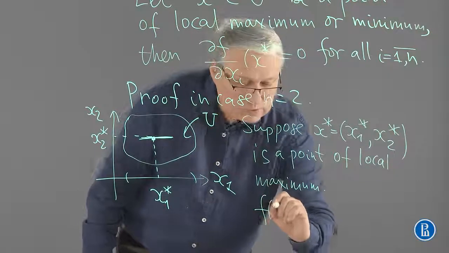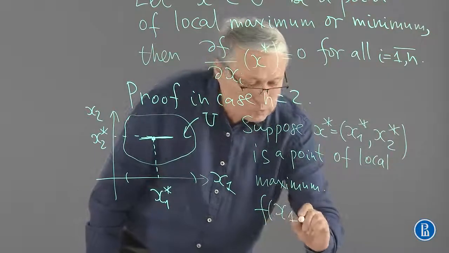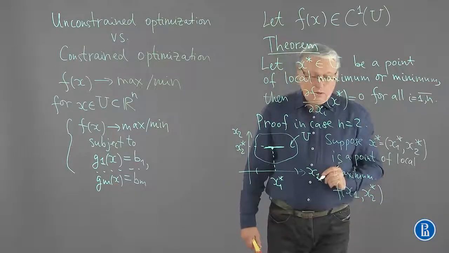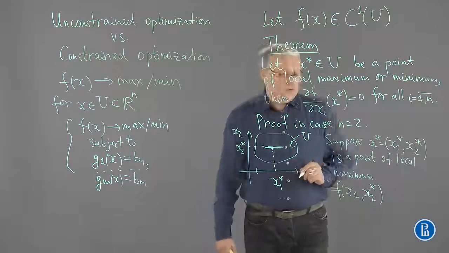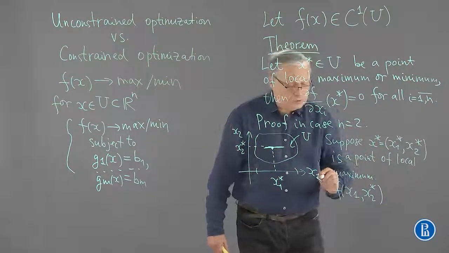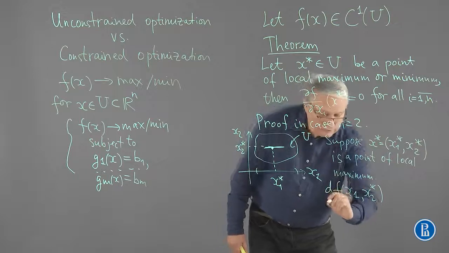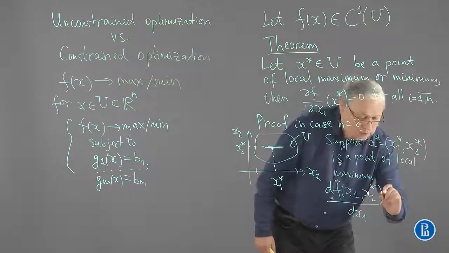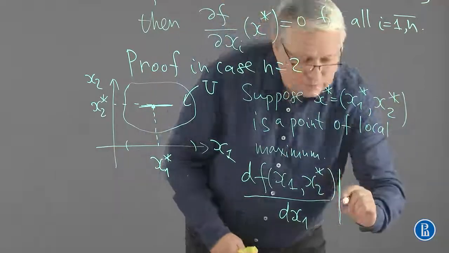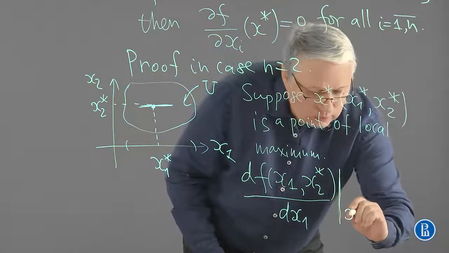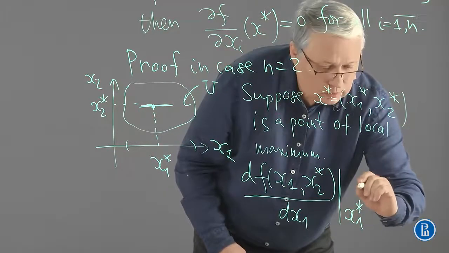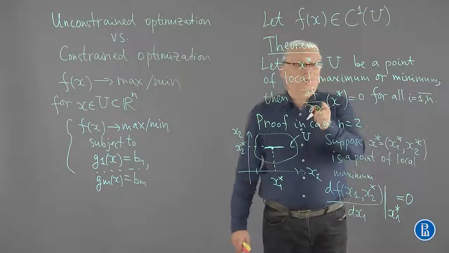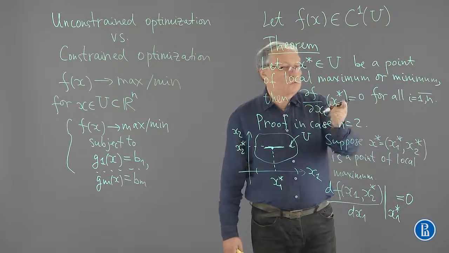So this function is a function f of x1, x2 star is fixed. Then, according to the theorem from a single variable calculus, its first order derivative taken with respect to x1 should turn 0 at x1 star, and this is exactly condition in the form of a partial derivative with respect to x1, which turns 0.